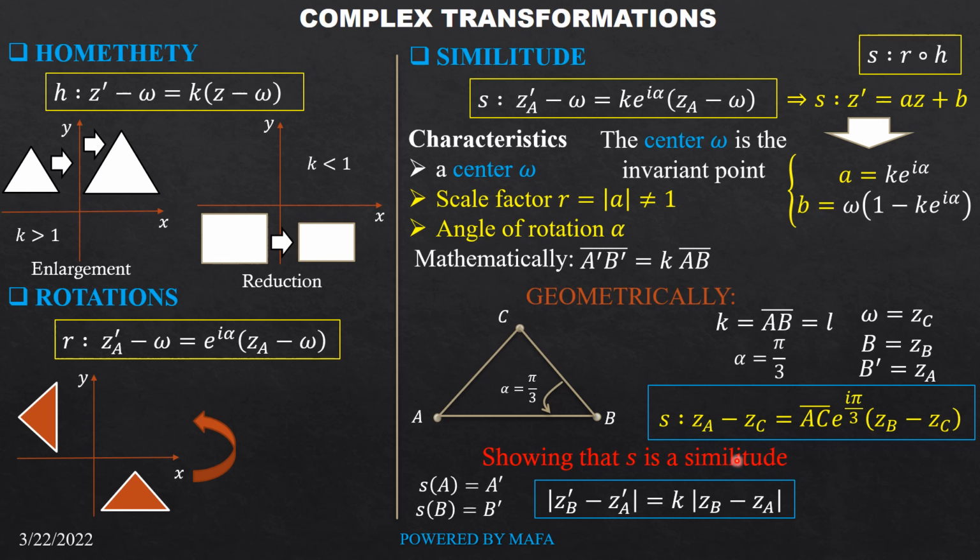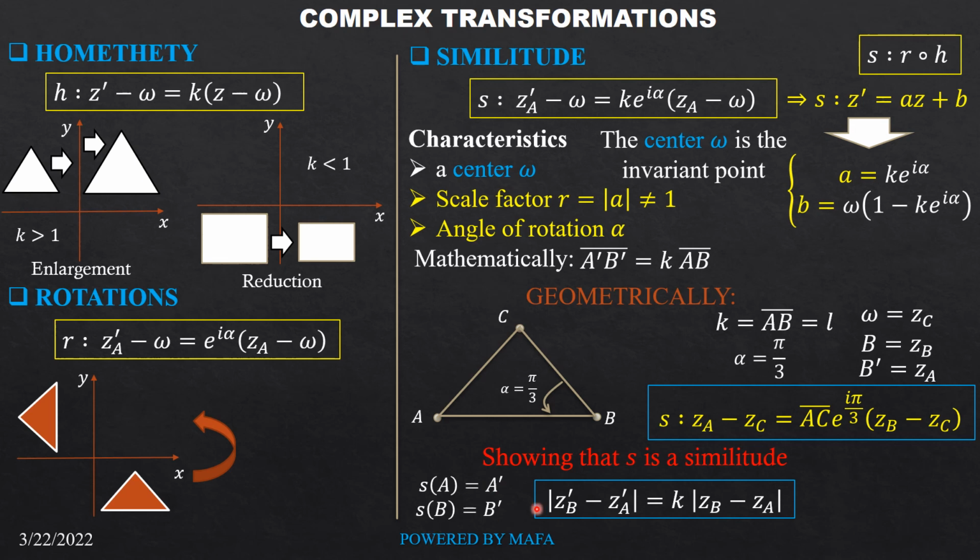Now, what about showing that S is actually a similitude? It is very easy to do that. If I am transforming a point A to a point A prime, and I am transforming a point B to a point B prime, and these points are on the complex plane, that is, these points satisfy the similitude, because S of A equal to A prime means that A and A prime satisfy.